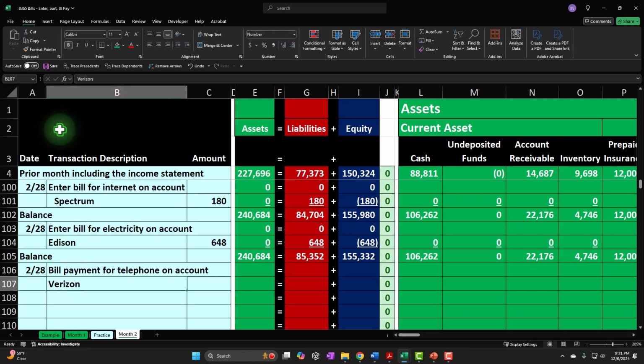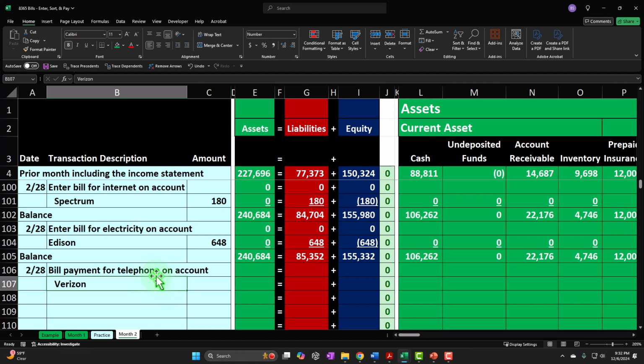So now in book terminology, if I say like in a textbook trying to tell you the transaction, I would say, hey, look, we're paying the Verizon company on account. If I say that, that means that we're not paying them for the bill that we just got, but we're paying off the accounts payable that we entered in the past.